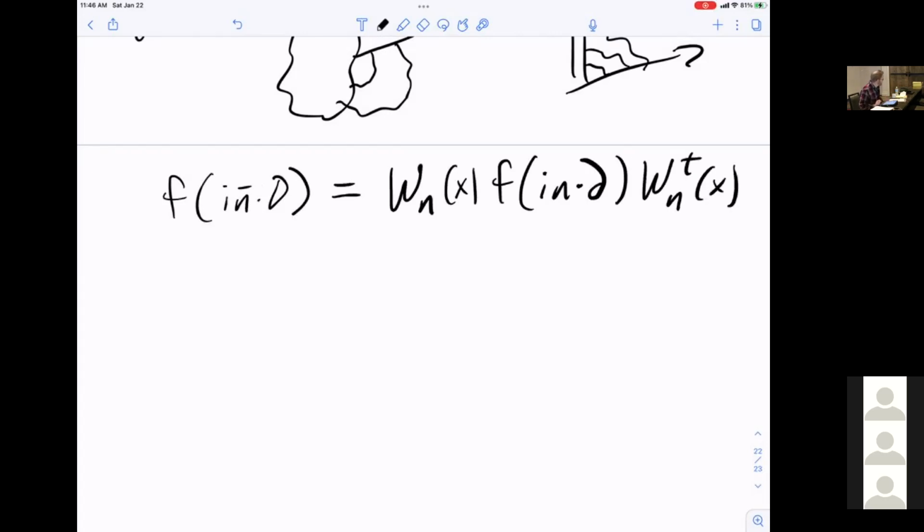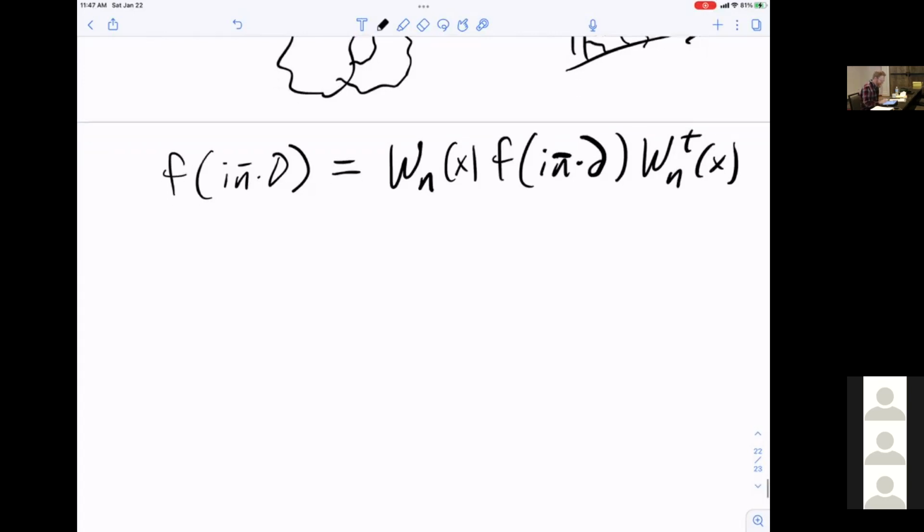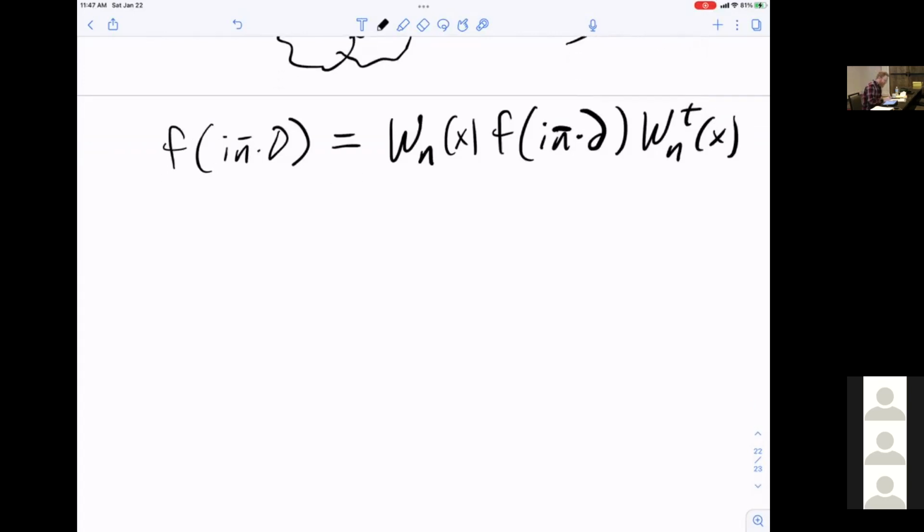In other words, my Wilson lines will enable me to get rid of my covariant derivative in nbar.D and make it a function of just my normal derivative. Sorry, that should be nbar. So I've seen this before. I've never seen it proved, hopefully. Now, technically, I'm only going to prove it for functions that are polynomials.